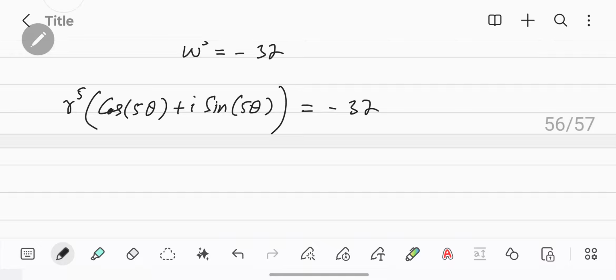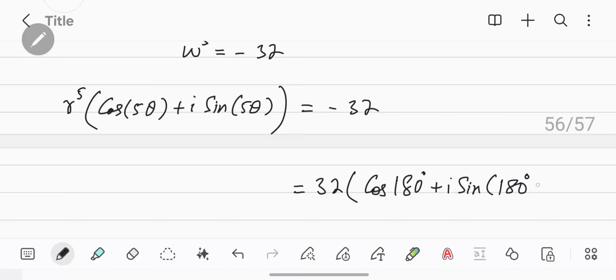So without going into the details, I am just directly writing the polar form of negative 32, which is equal to 32 times cosine of 180 degrees plus I sine of 180 degrees, right?